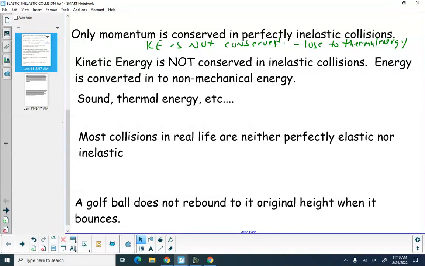Golf balls are fairly elastic, but they can't be perfectly elastic, because then whenever I hit a golf ball, it would go very far, and we would all be professional golf players.